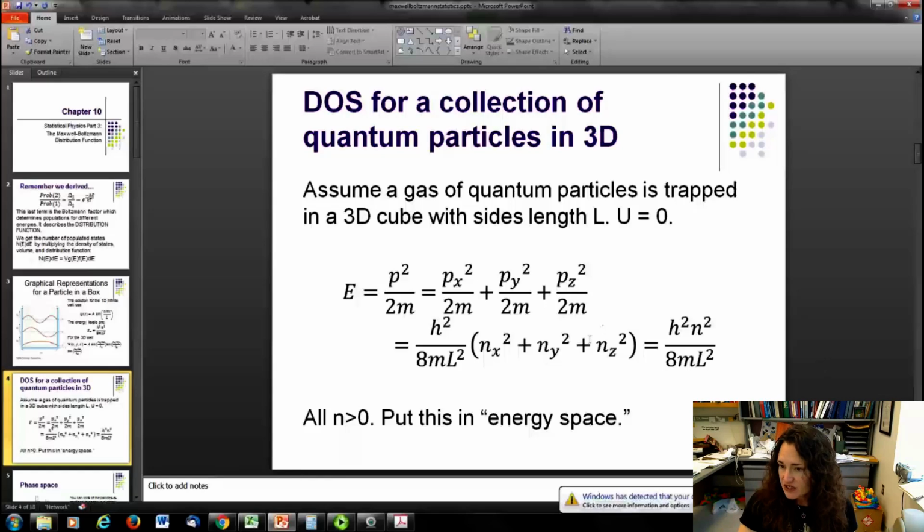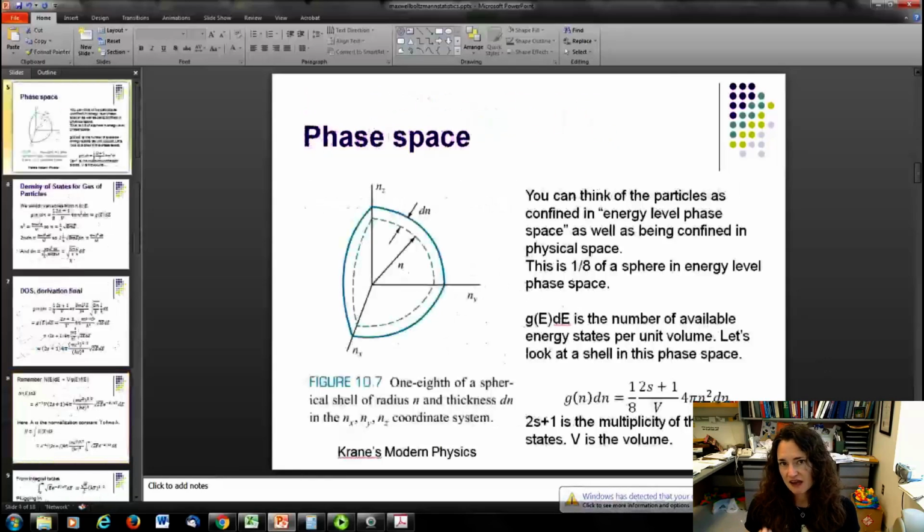Now, energy space, or any other kind of phase space, is really nothing more profound than, instead of visualizing your particle plotted relative to its location, now you're going to plot what the energies are, or maybe what the speeds are, or whatever other parameter you're interested in. So here, I'm actually putting my particles in quantum number phase space, okay?